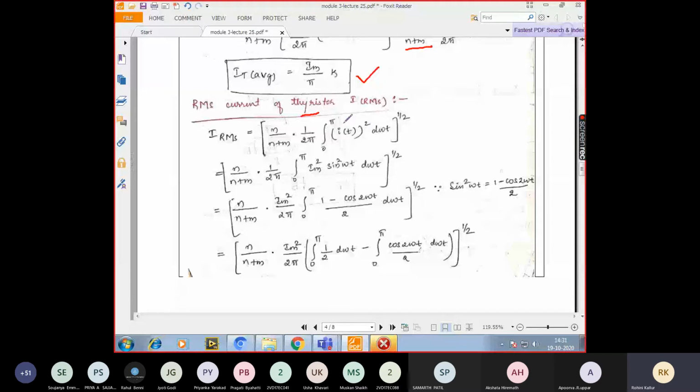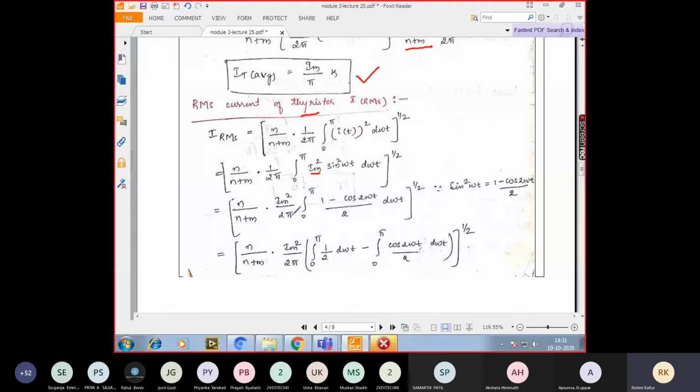So I of t we know it is equal to Im sin omega t square of it, and everything here it is a root mean square of the thyristor current. So root is here, then we calculate the mean and then the square. So we will be calculating this as Im square sin square omega t d omega t, and everything is under square root. Okay. So from this expression Im square is a constant, so I'll be taking it out.